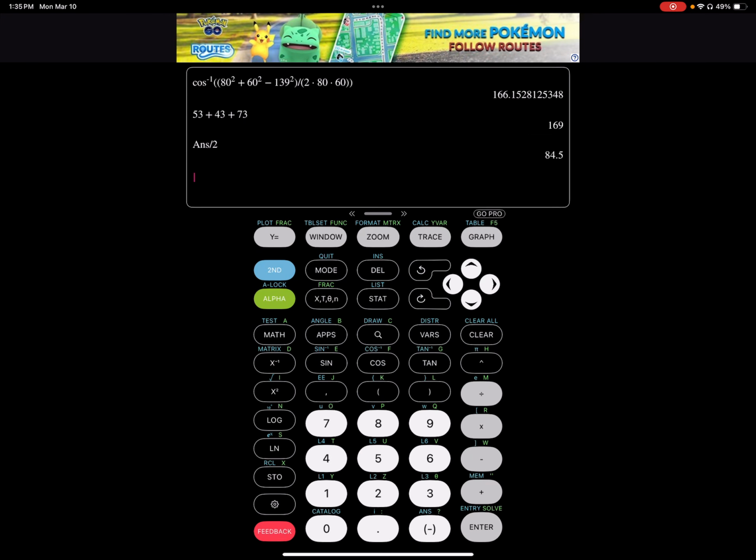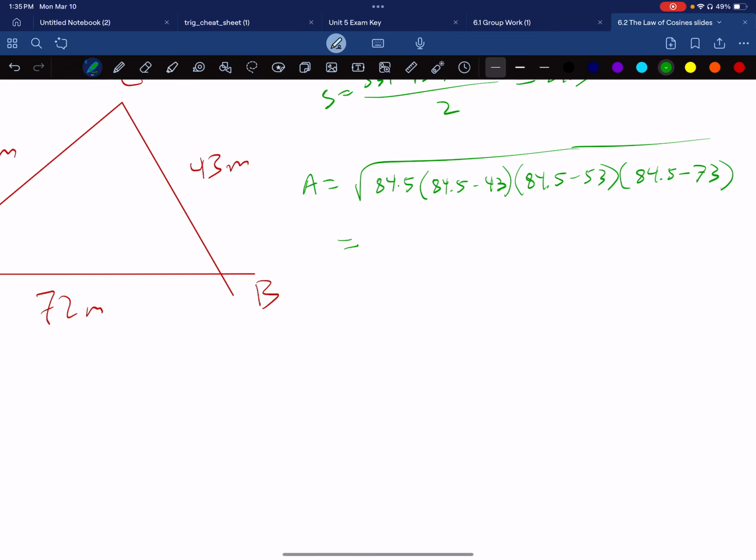So square root 84.5 times 84.5 minus 43 times 84.5 minus 53 times 84.5 minus 73. All right, 1127.08. And our units were meters, so the area would be square meters.